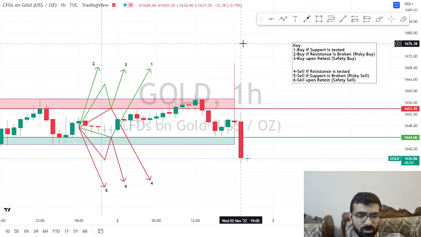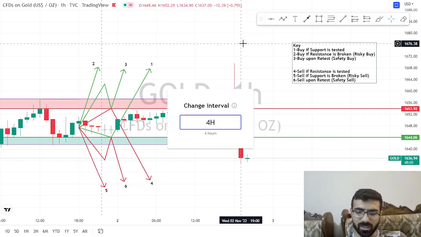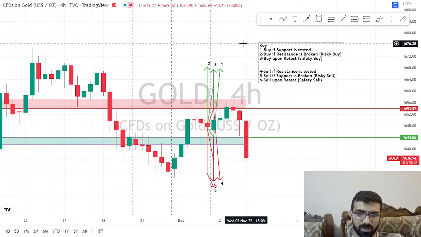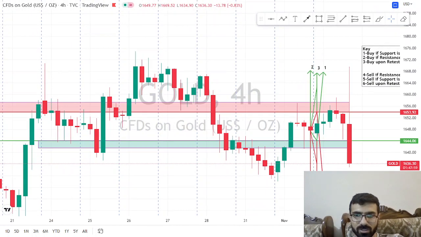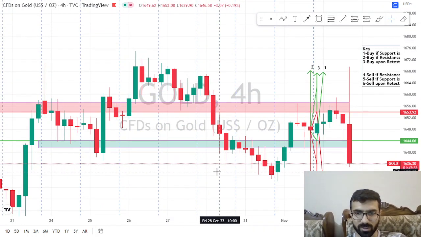Okay, so for that I would be having a look at the longer time frames, for example the 4 hour chart. Okay, in the 4 hour chart, you guys can see that the next area of support is this area, which is in the recent times, and it is about to be tested.